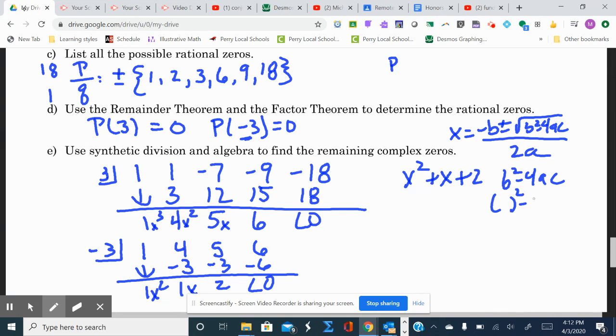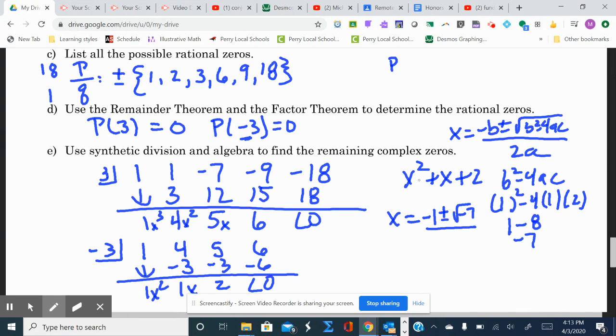So b is 1, a is 1, and c is 2. 1 squared is 1. 4 times 1 times 2 is 8. So we get negative 7. Our zeros here are going to be x equal to the opposite of b, which is negative 1, plus or minus the square root of negative 7, divided by 2 times a.